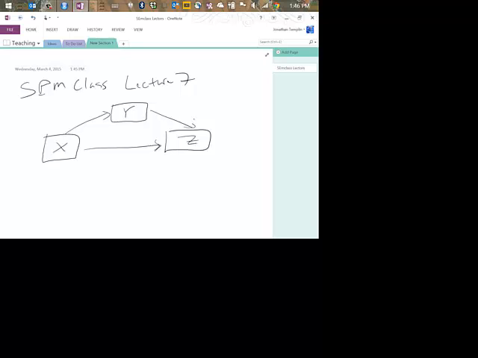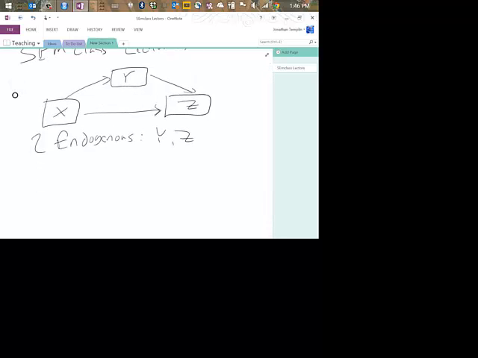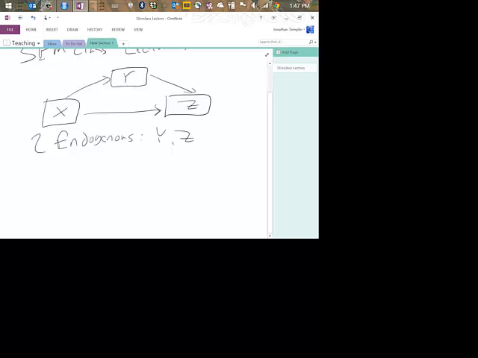How many endogenous variables do we have? We have 2 endogenous, y and z. You tell that they're endogenous by looking at which variables have arrows that terminate with them, which says that they're being predicted.